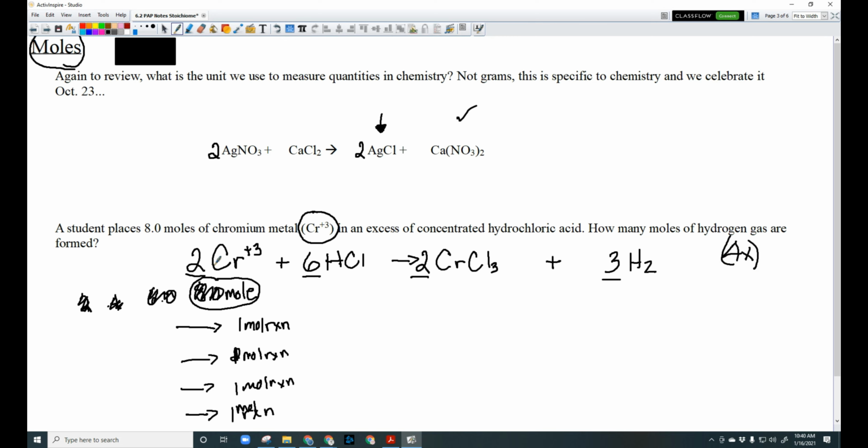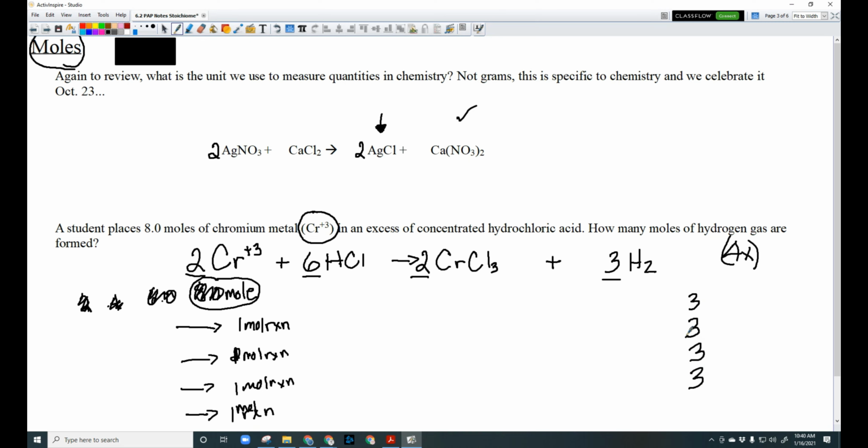Each time I go through this reaction, I'm producing 3 moles of hydrogen gas. The first time I go, I'm going to produce 3. The second time, 3. The third time, 3. And the fourth time, 3.